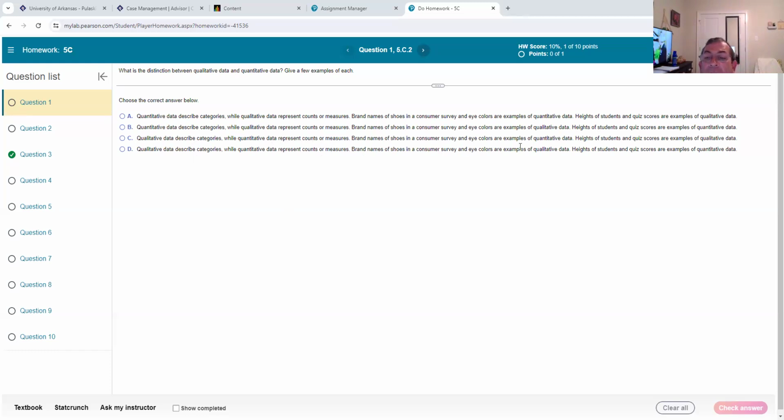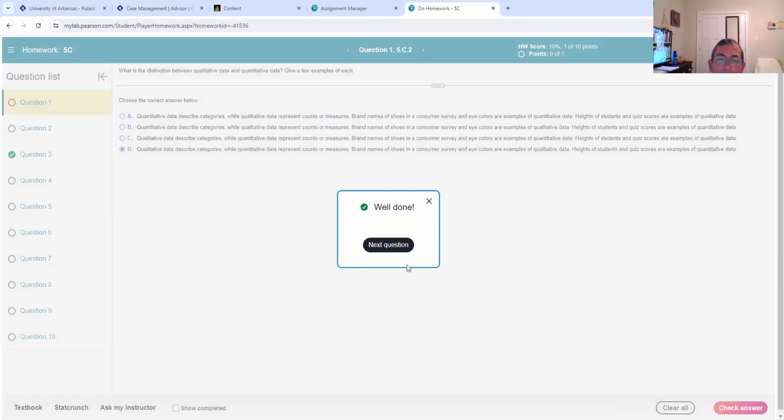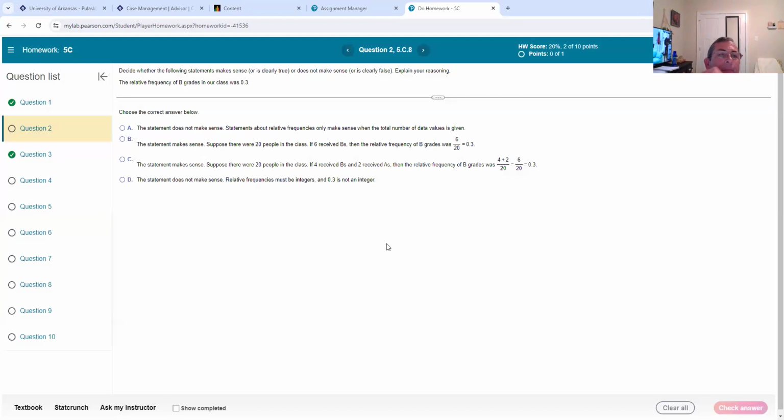Well, y'all, eye colors and brands of shoes, you can't measure those. So those would be your actual qualitative, to where the heights of the students and the quiz scores are going to be your quantitative because those are things you can actually measure. So y'all not C, but you got to go with D on that one, okay? And it's not in the definition, it's in the examples on that one, okay?